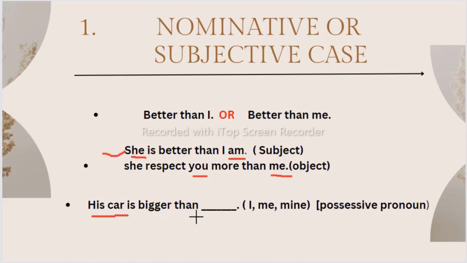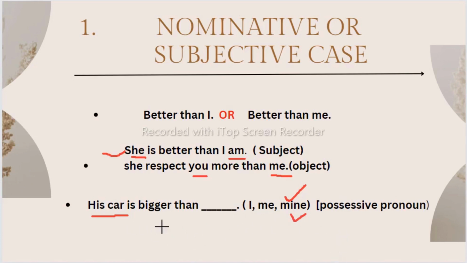His car is bigger than I. Can I say this? No, we cannot say this, because his car is bigger than mine. My car, which is mine here. So the correct answer is mine. His car is bigger than mine. We cannot say his car is bigger than I or his car is bigger than me.